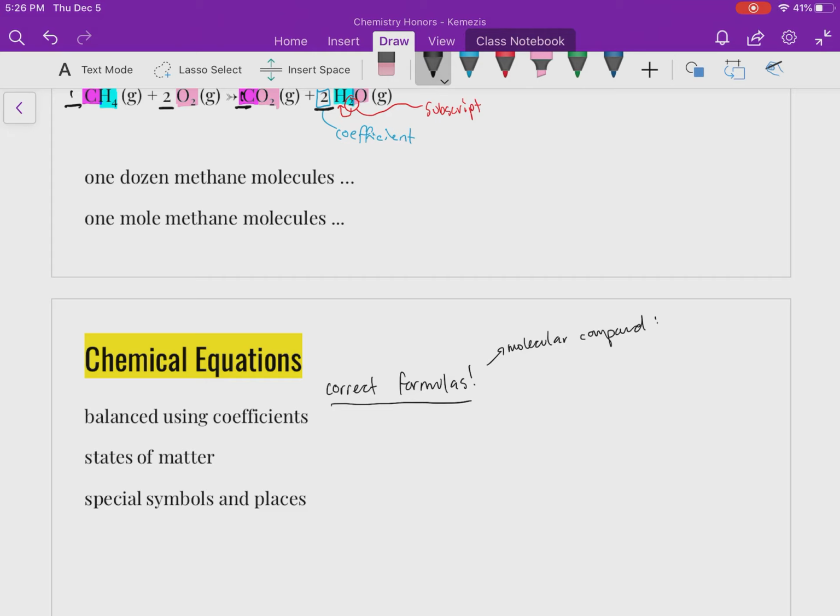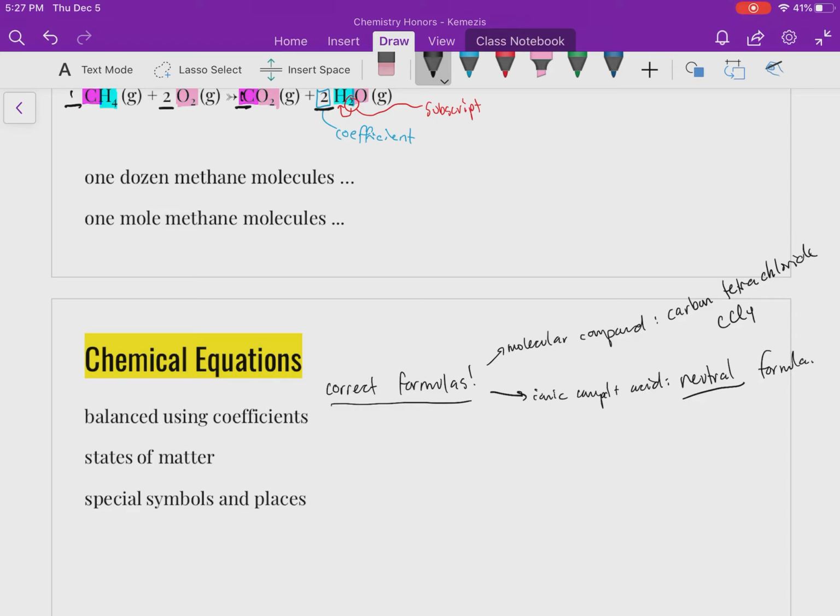So if you have something like carbon tetrachloride, you need to make sure that your substance is CCl4, right? And if you're talking about an ionic compound, and even acid compounds, ionic and acids, you need to have neutral formulas.